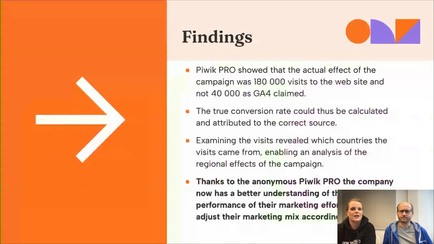So what this campaign's findings were is that we actually showed the actual effect of the campaign from Piwik PRO, not from Google Analytics, which of course was the expected result as well, since that's the entire idea of having Piwik PRO there, to see how much traffic we actually get and from where.